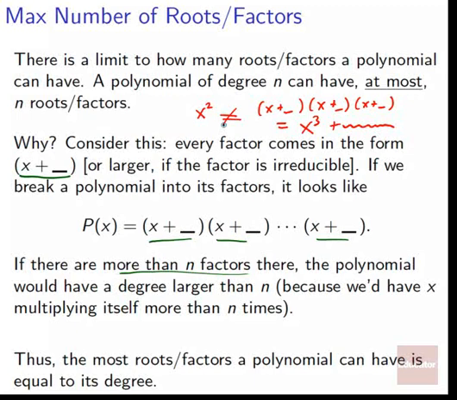So if we've got a degree n polynomial, the most factors we can possibly have is n factors, n roots, because otherwise we'd blow out the degree of the polynomial. Thus, the most roots/factors a polynomial can have is equal to its degree.